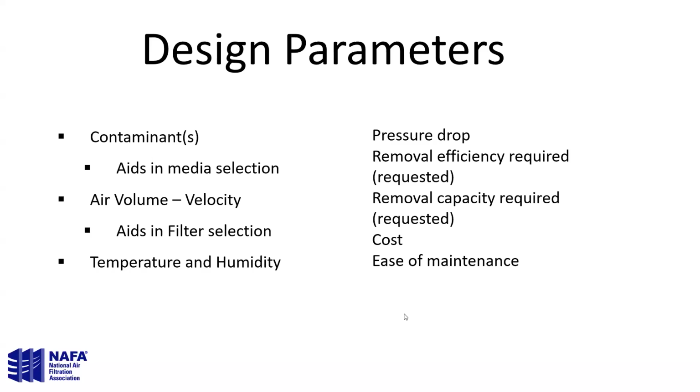And I'm sure you're all well aware of that. And then ease of maintenance. Some of these filters are heavy, and they're awkward, and they're big. And you don't want somebody carrying a 72-pound filter and having to walk up 10 flights of stairs. So maybe instead of a full size, you go with a half size. Your maintenance people will love you for it if you consider them.